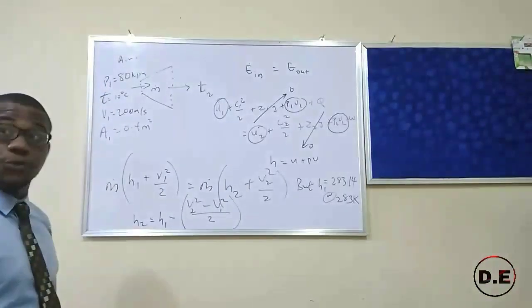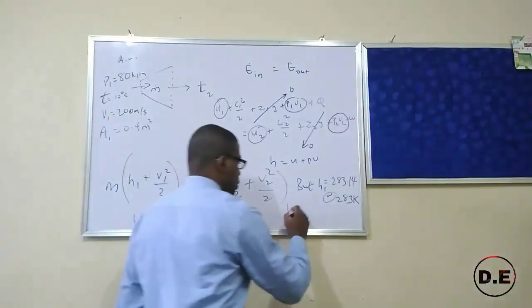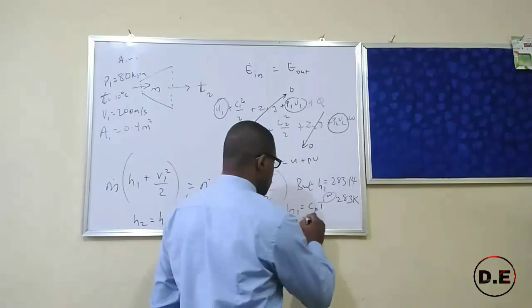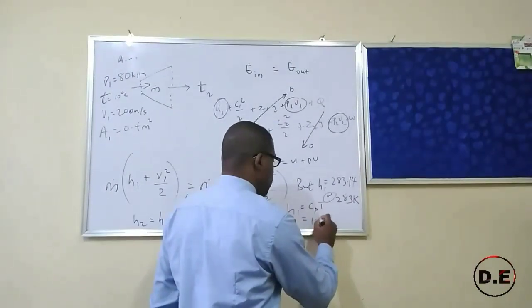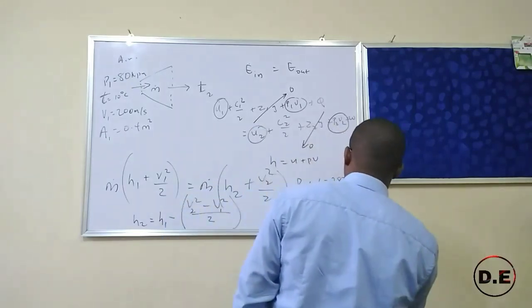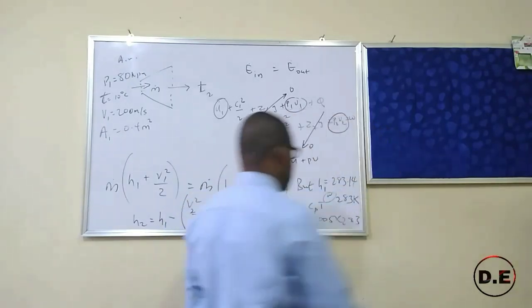Okay? Because if you recall that H1 is equal to CPT, and CP of air is equal to 1.005 times the temperature at that point, which is 283.